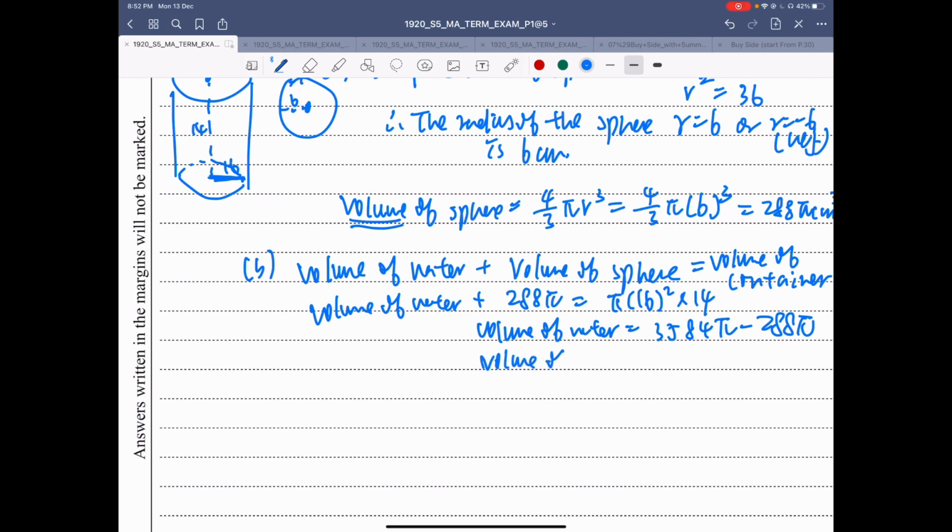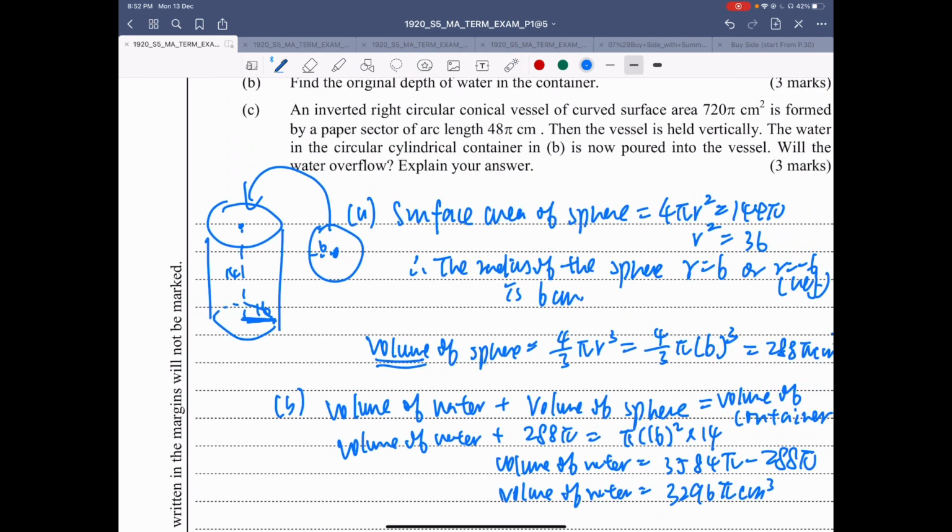So the volume of water is equal to 3,296 pi cm cube.